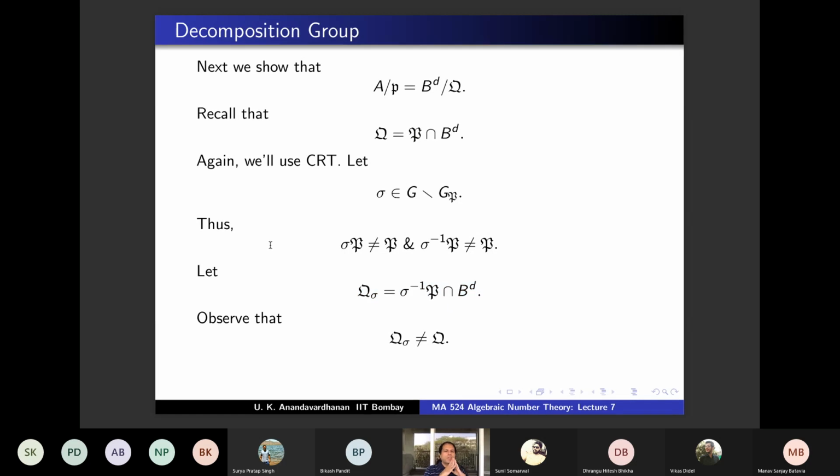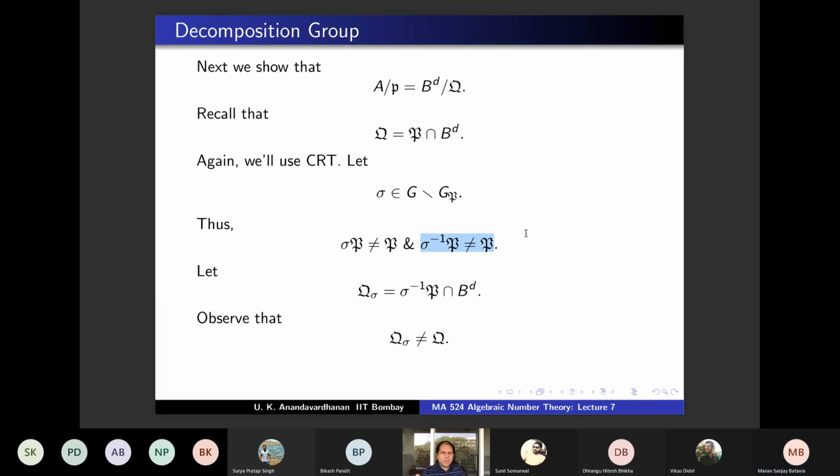Can you try to give me an explanation for this? What happens if Q sigma is Q? If this follows from anything on this slide, what is your natural guess? Where should this follow from? There's only one thing: sigma inverse P is not equal to P. It should follow from this.